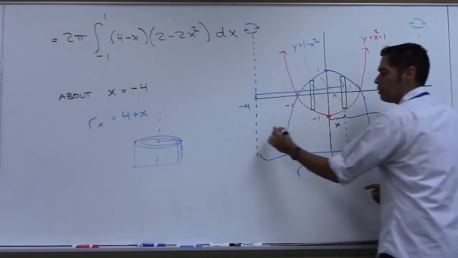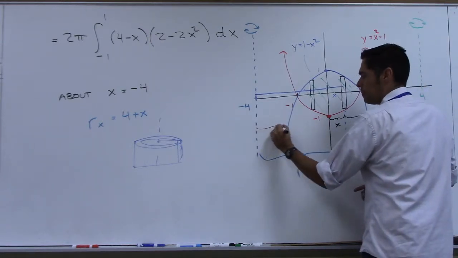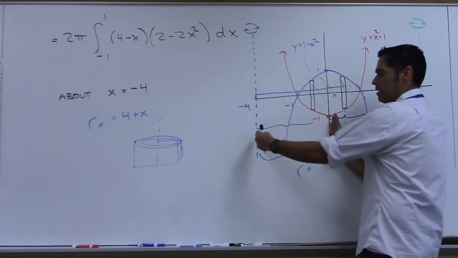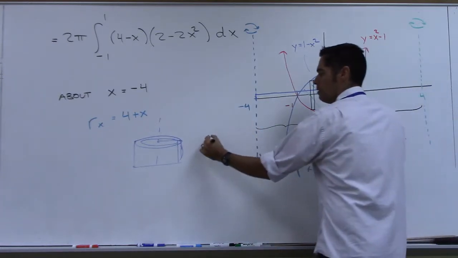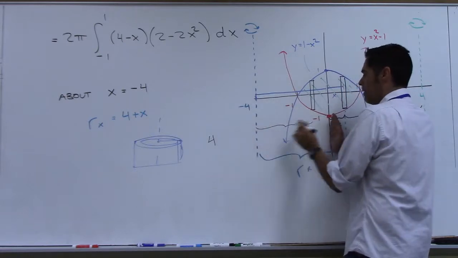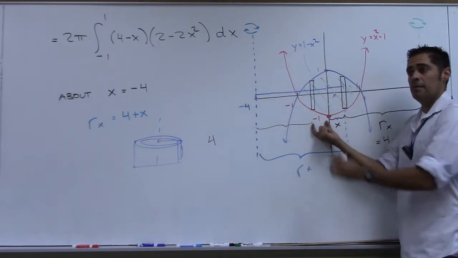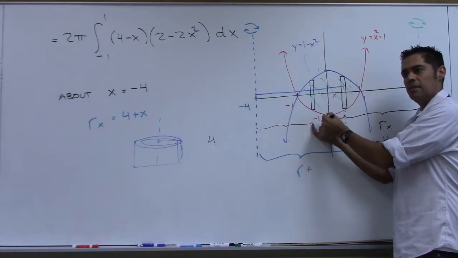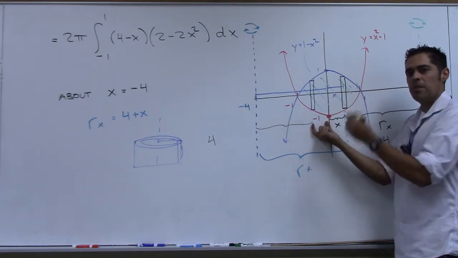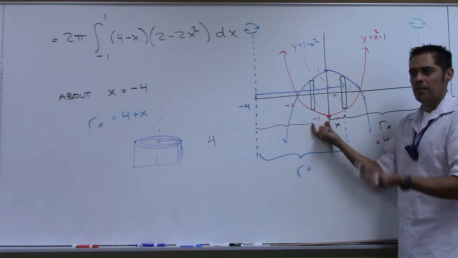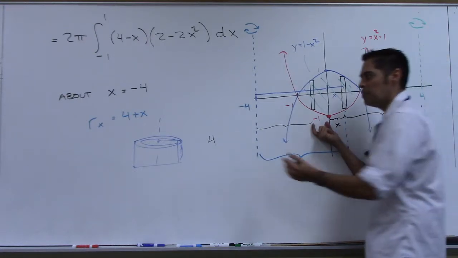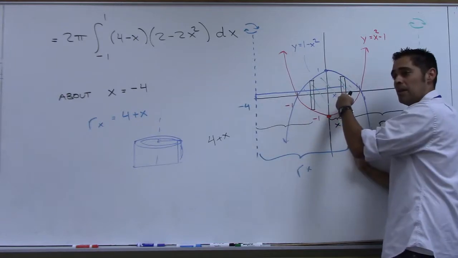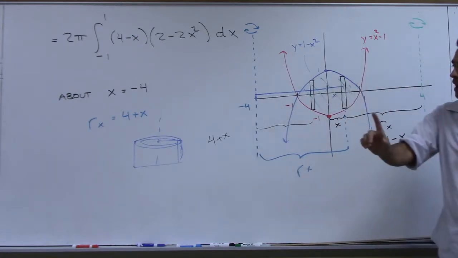So if I'm looking for the distance from here to here, this distance is 4, and then you'd be taking away this x, wouldn't you? But x is negative, isn't it? So what happens when you take away a negative? You add. So you actually would come up with the same exact formula that I come up with my rectangle on the other side. So I'm glad you asked.